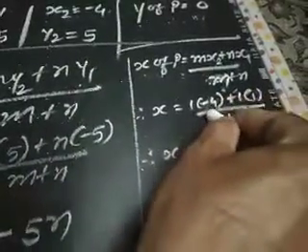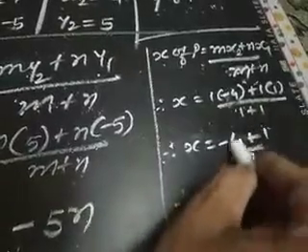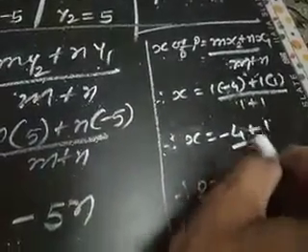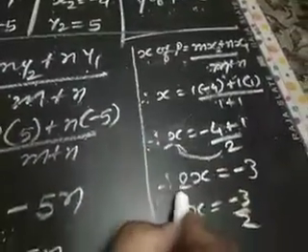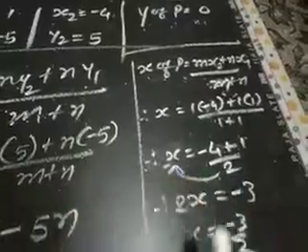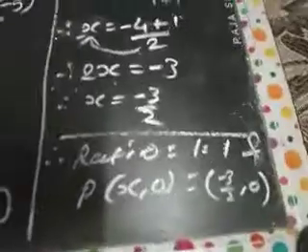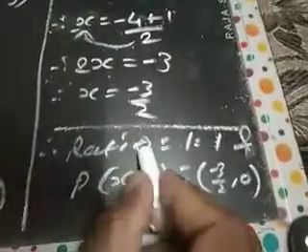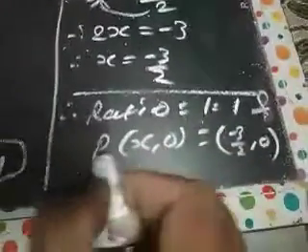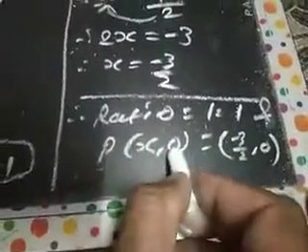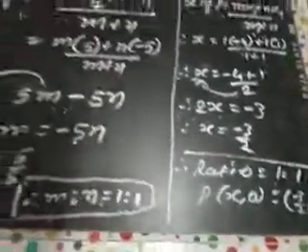So (1 times -4 plus 1 times 1) upon (1 plus 1), which is (-4 plus 1) upon 2. So 2x is equal to -3, so x is equal to -3 upon 2. So the required ratio is 1:1, and the coordinates of P (x, 0) are (-3/2, 0). This is the answer to number 5.